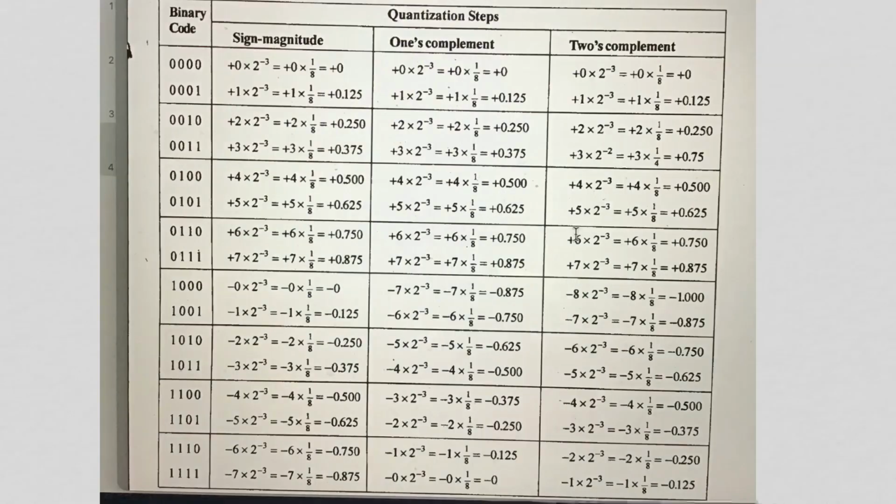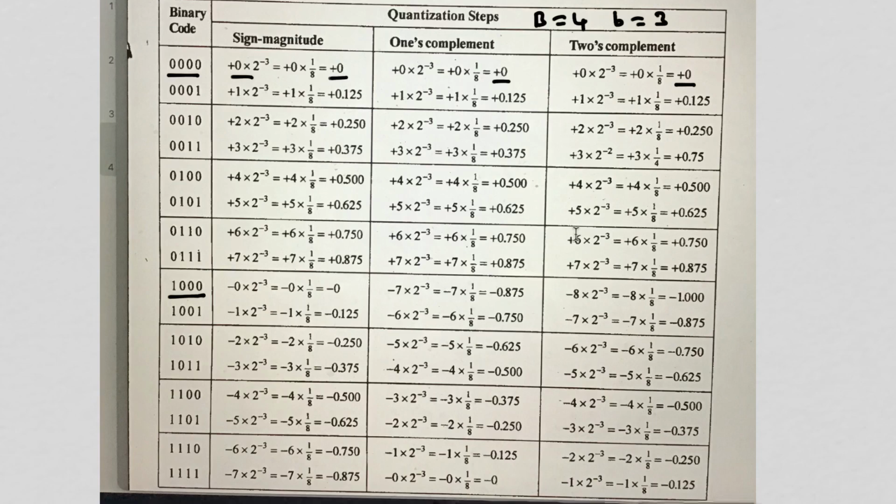Okay. Whereas if you take the same quantization steps for capital B equal to 4 and small b equal to 3, you will come to know about it. All zeros will be used to represent plus 0 in the case of sign magnitude as well as in 1's complement as well as in 2's complement. Whereas you can see variations only when you go for 1 triple 0.